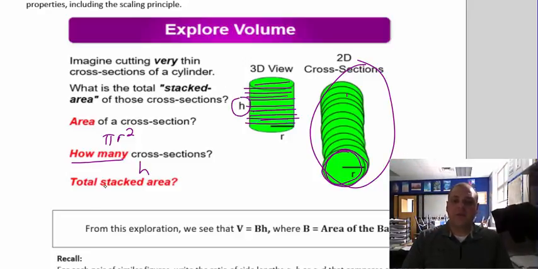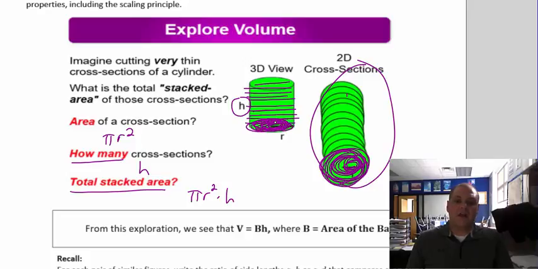And what's the total stacked area? The total stacked area is actually going to be the volume. And we're just going to multiply the pi r squared times the h. It's the base area, the circle, which is the base of the cylinder.